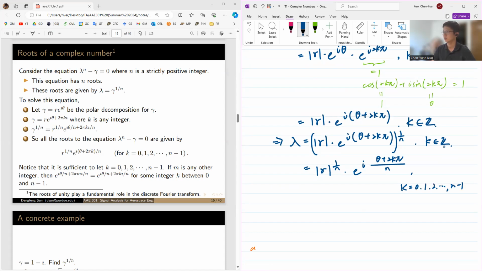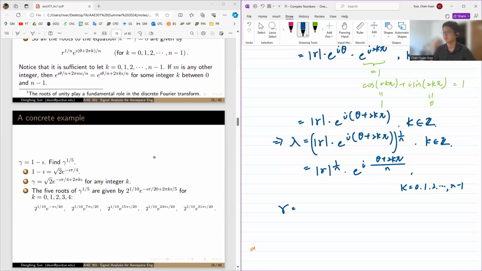And these will be the nth roots for this polynomial. Now let's take a look at an example. Say gamma equals minus i. We are asked to find the fifth roots of gamma, which are basically the solutions to this polynomial equation.